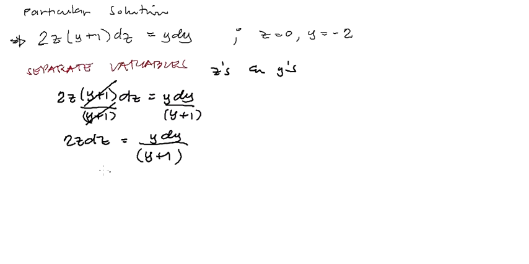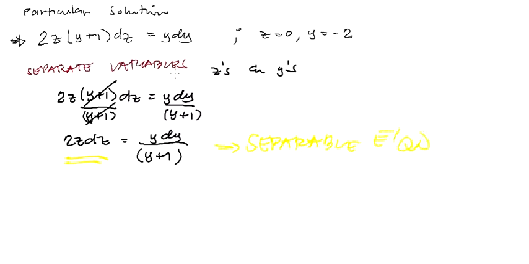Okay, and let's check. So all on the left hand side, we have all terms in terms of z, and for our right hand side, we have y's. Okay, so this equation is said to be a separable equation.